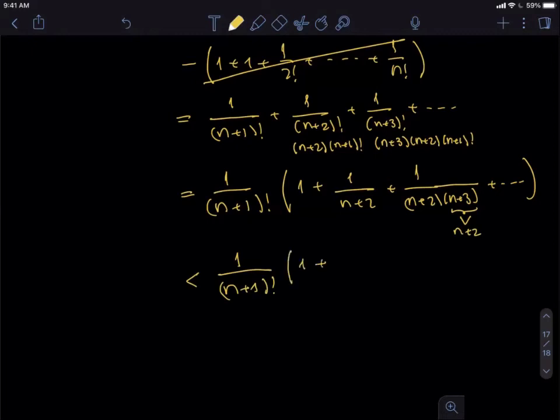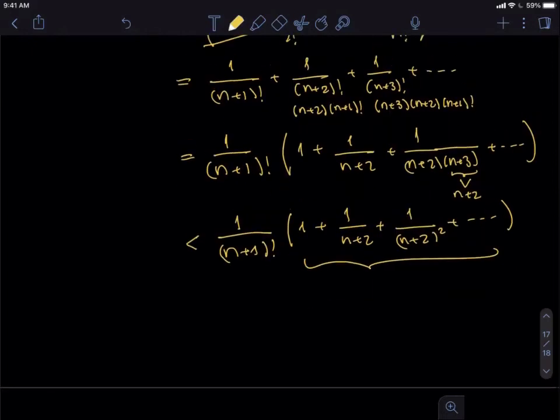So this is 1 plus 1 over n plus 2 plus 1 over n plus 2 squared, and so on. But now this is a geometric series, so we can just take the sum of the series, 1 divided by 1 minus 1 over n plus 2.